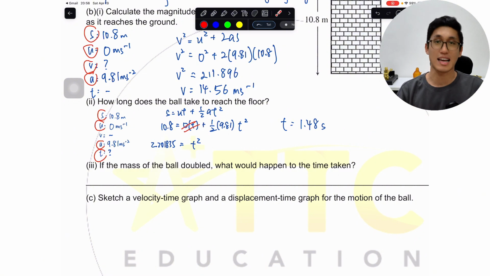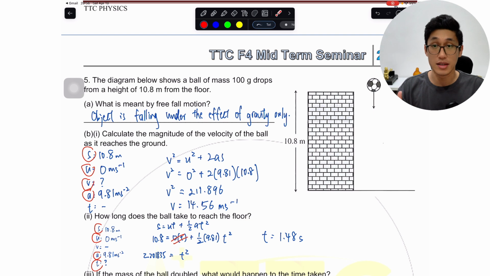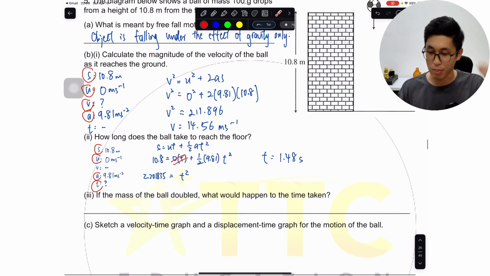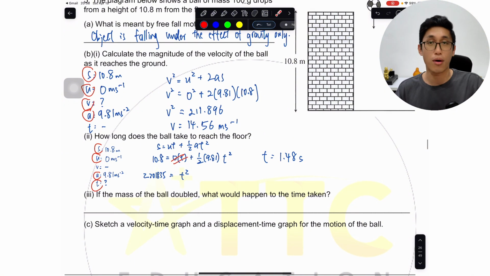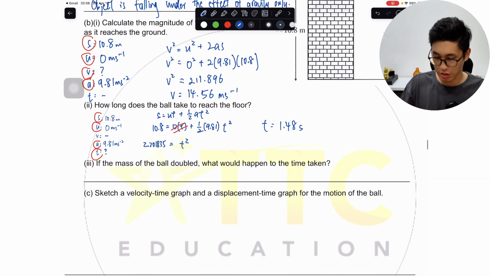It's not because it's lighter, it's because there's more air resistance. If you take out the air, if you do it in a vacuum, in space, they actually fall down together. So right now we are saying free fall, no air resistance, then no matter how heavy the ball, whether it's a bowling ball or a football or a ping pong ball, it's going to fall down in the same time. Unchanged.